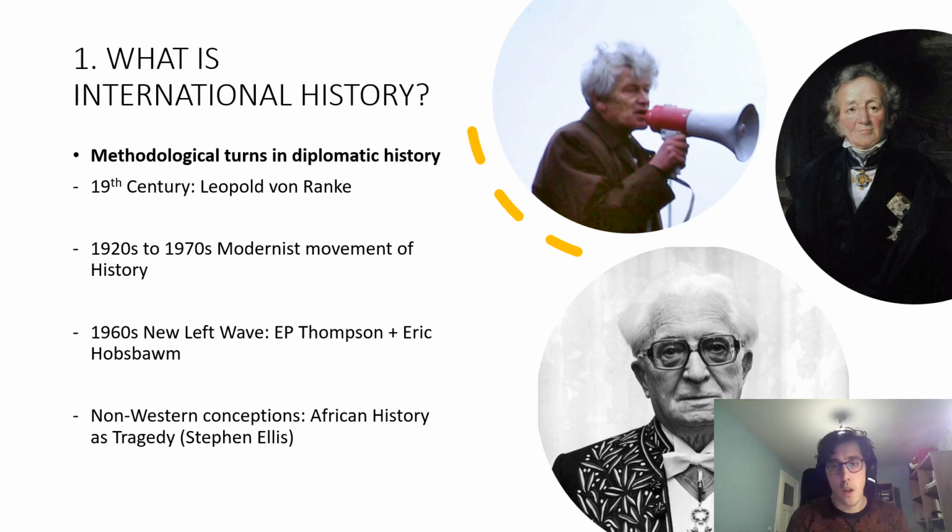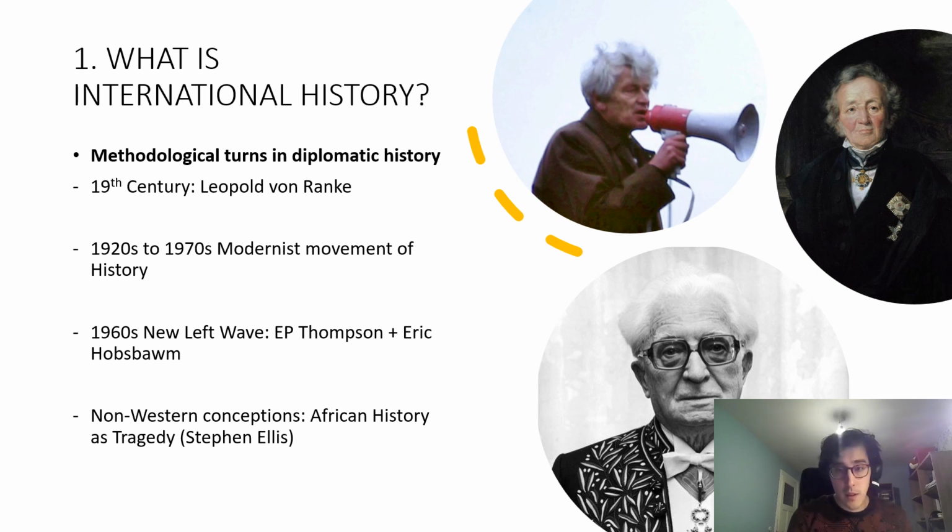They also don't want to focus simply on the international, the Außenpolitik that Ranke was so obsessed by. They also want to think about how internal components, internal politics shape international relations, shape international history. And the Annales School in France obviously is instrumental in this. They really focus on integrating social science methodologies into their writing of history.